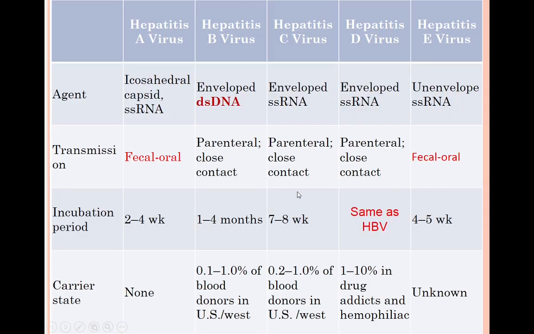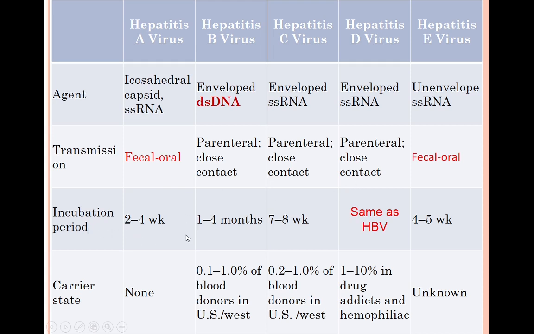It's a very compact table of hepatitis, the types of hepatitis, A, B, C, D, E. What you have to notice here is the difference. All of them are single-stranded RNA. Hepatitis B is the only one which is double-stranded DNA. The transmission of A and E is fecal-oral, but B, C, D are parenteral, that means through IV, through the blood, and also it may be due to close contact.